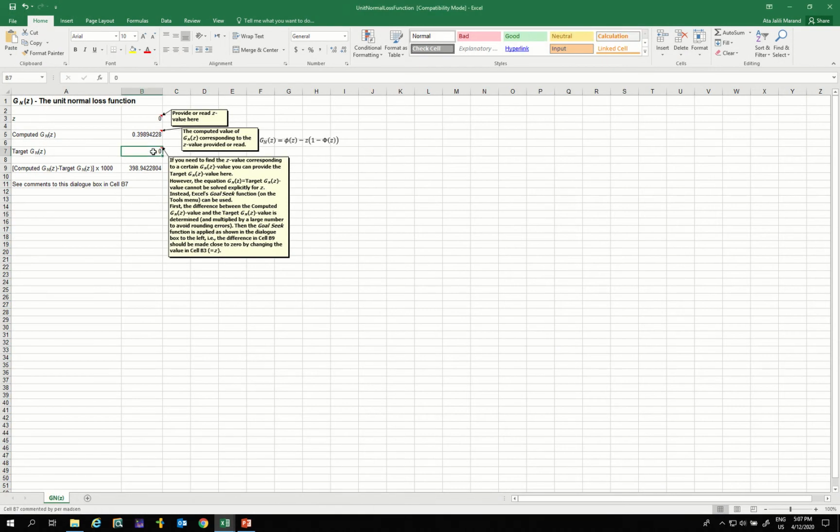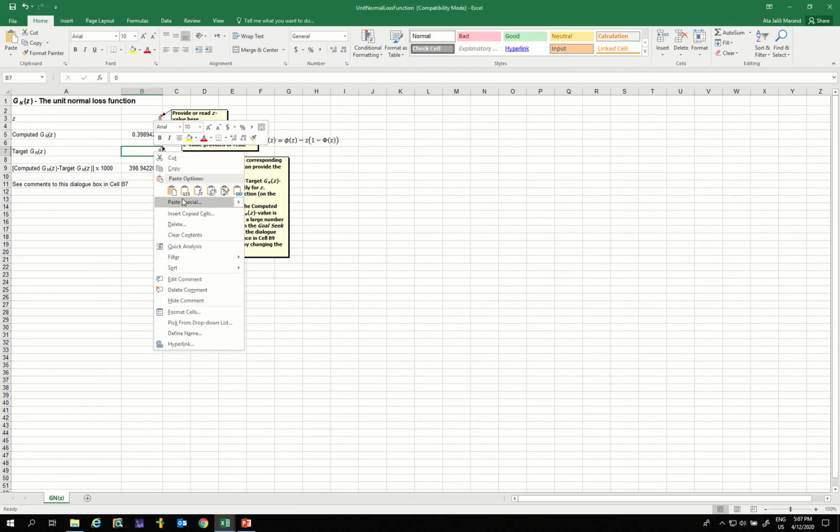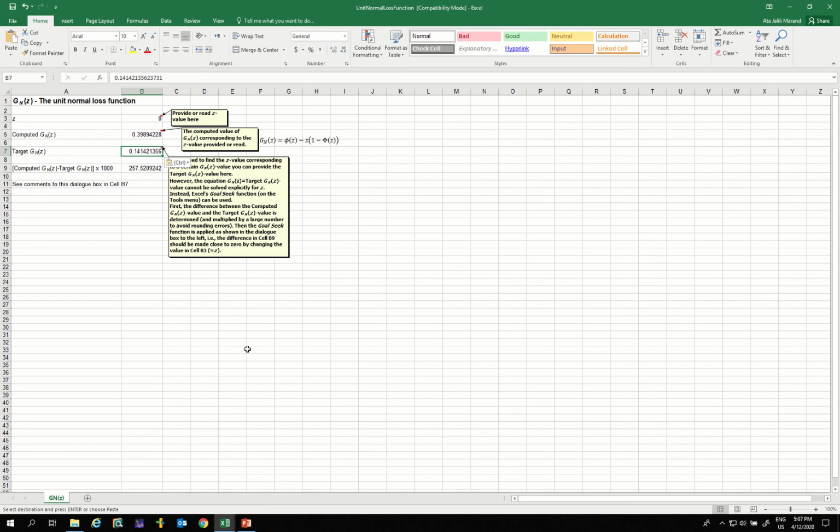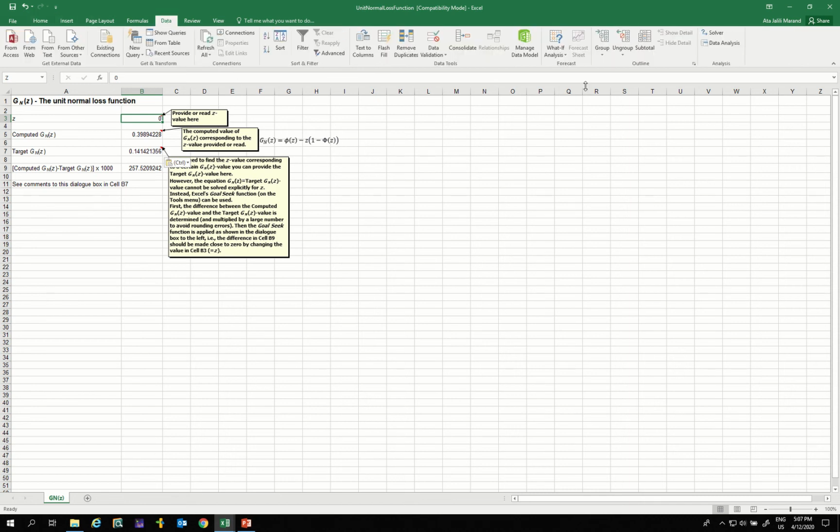Then to calculate the safety factor or the corresponding z value, I will just take this Gn and put it in the template that we had. So I will paste it here as the target Gn, and I want to find the z value that will give me this target Gn of z. So again, I will go to data, to the forecast panel, what if analysis, then I will choose goal seek.